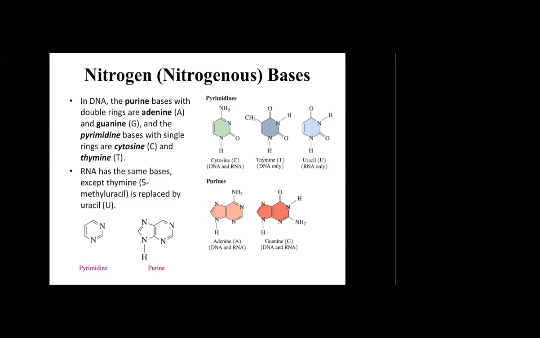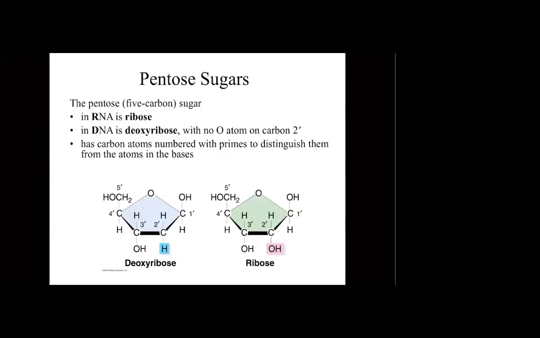Now, how do you know which sugar is present in a particular nucleic acid? The name already tells us that in DNA we have a deoxyribose, and in RNA we have a ribose. The difference between deoxyribose and ribose is specifically at carbon number 2.